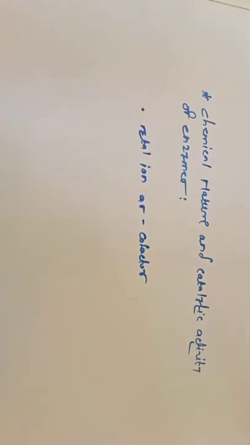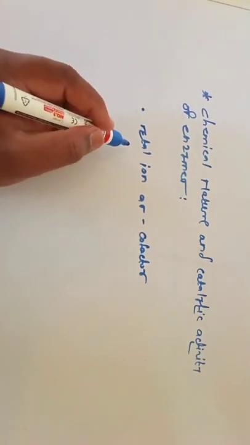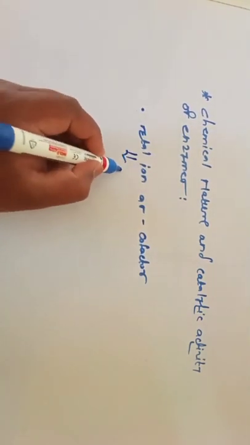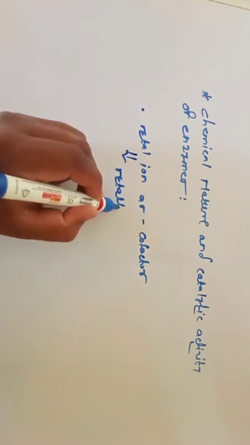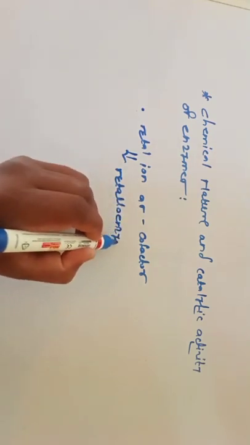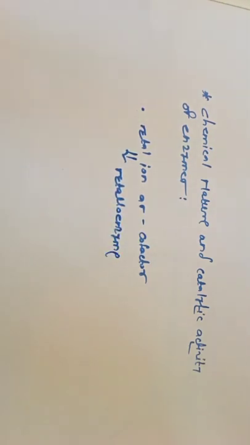The enzymes which contain metal ions are known as metalloenzymes, in which the non-protein part is the metal ion. So metal ion acts as a cofactor, and this is not a coenzyme, so it is considered as a cofactor.